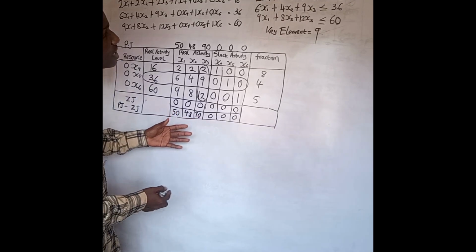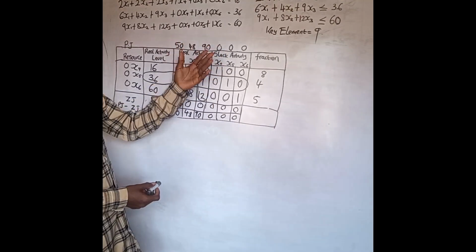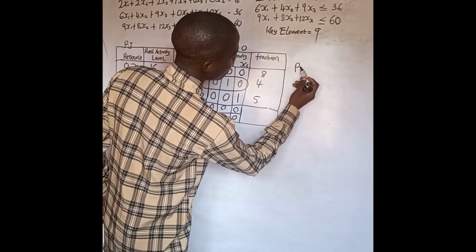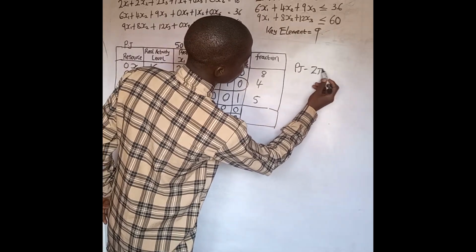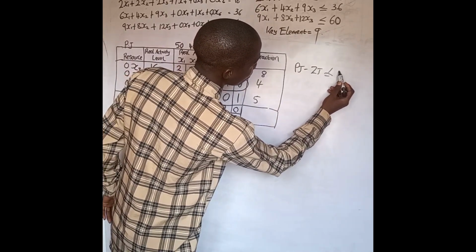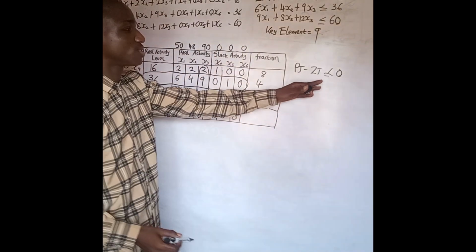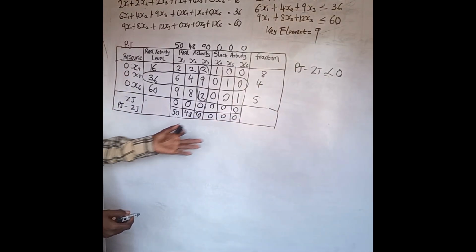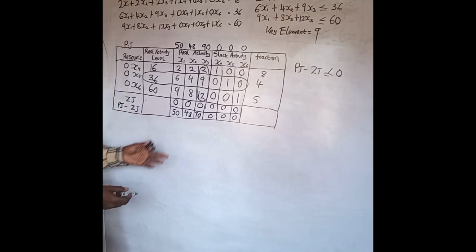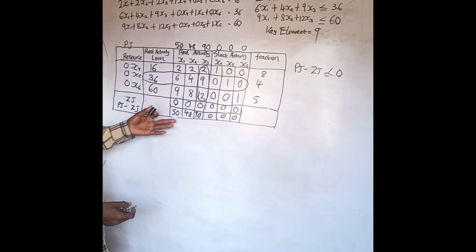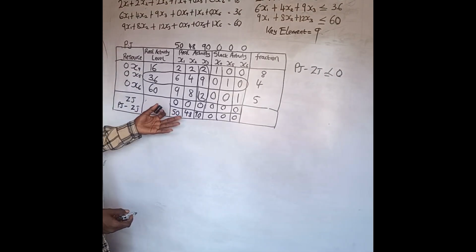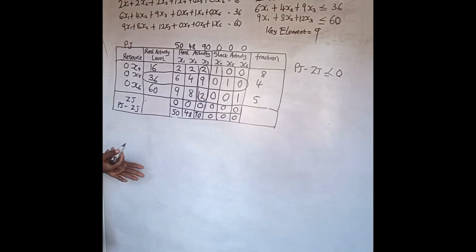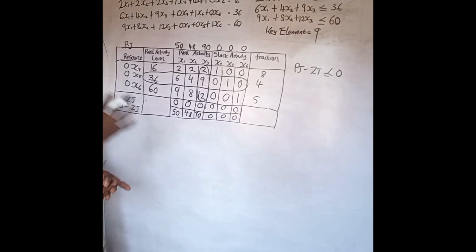For me to obtain the optimal solution of the linear programming question using the simplex method, the value of my pj minus zj must be less than or equal to 0. When the value of my pj minus zj is less than or equal to 0, then I have attained an optimal solution. But if you look at the pj minus zj here, you will see that I still have positive values, greater than 0. So therefore, this is not my optimal solution. I'm going to proceed with the calculation, and that will give birth to the first iteration.